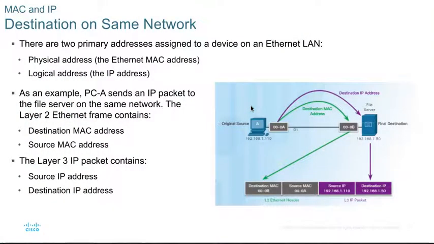All right, so you can see over here, we have a source PC with an IP address and of course a MAC address, and it needs to communicate with what we call a server. The first thing PC A knows about this server is its name.